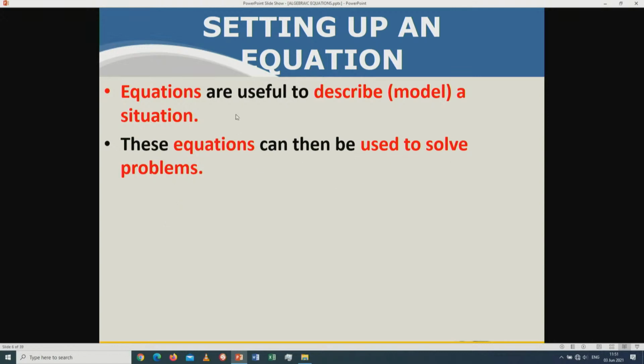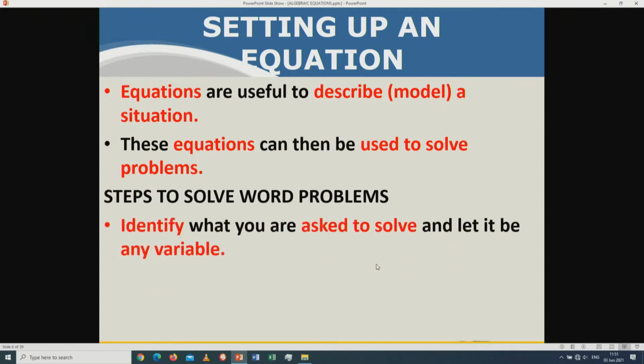In other words, from modeling the situation, we are able to present the situation in the form of an equation and solve it. Right. Now, steps to solve word problems. Word problems are those that we set up the equations from.